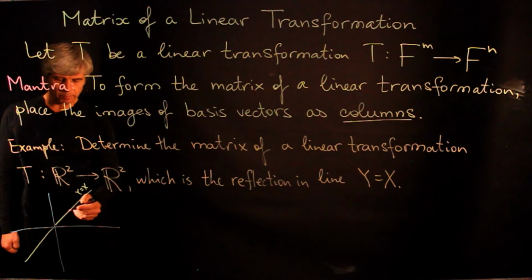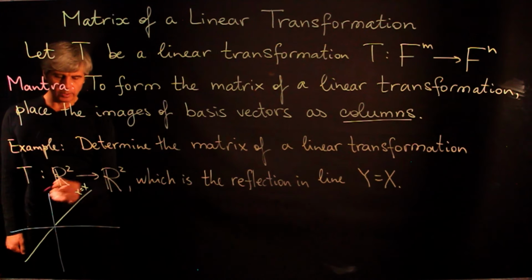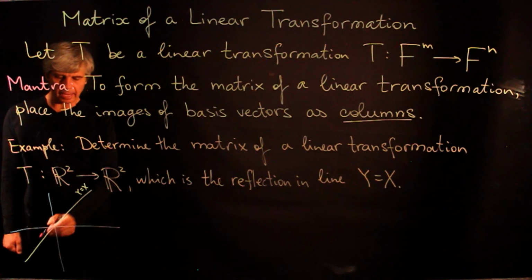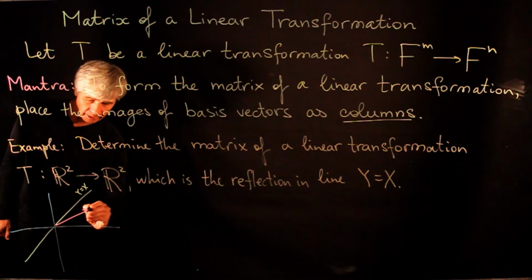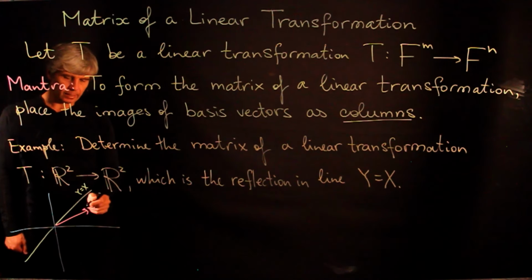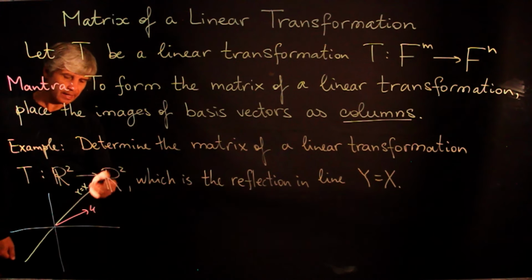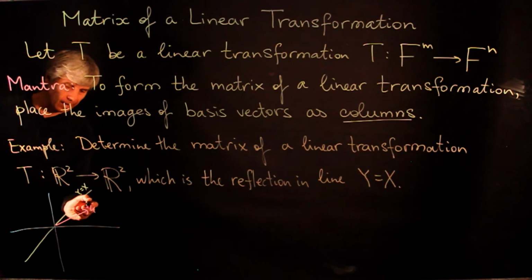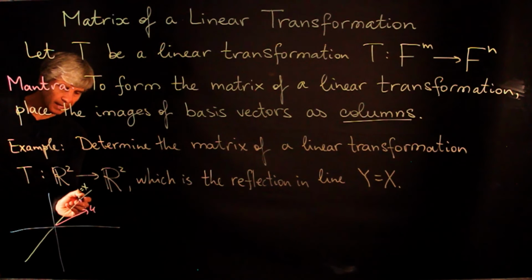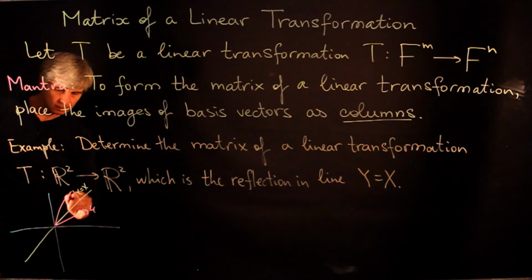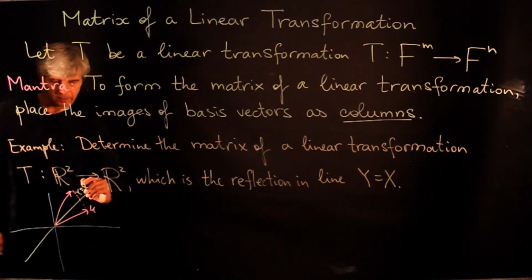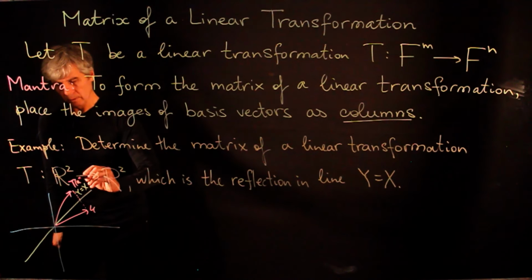So here is the picture of this transformation. Here we have R2 and the line y is equal to x. And then for each vector u, we consider this line as a mirror. And so we reflect this vector with respect to this line. And then here we get the vector T of u.